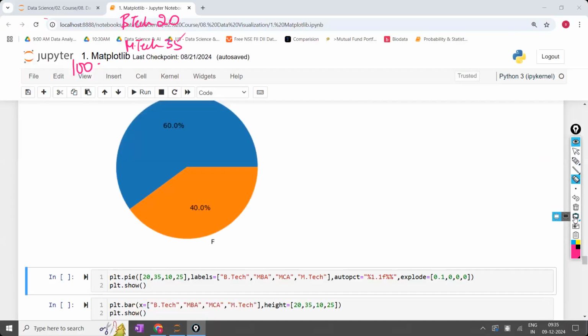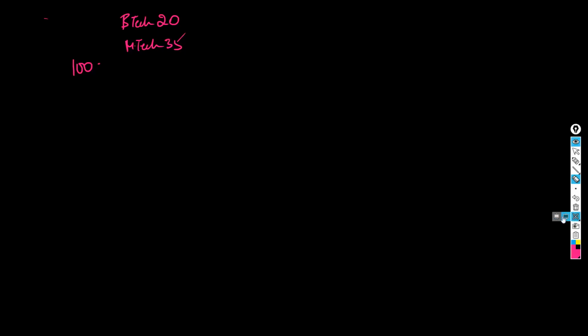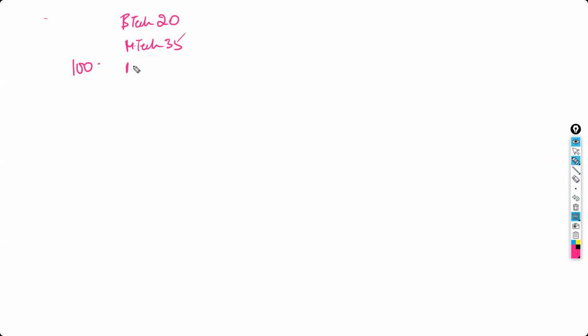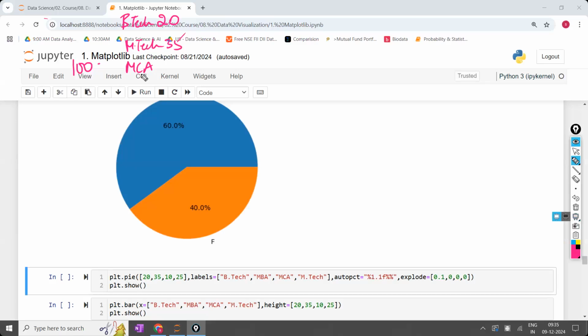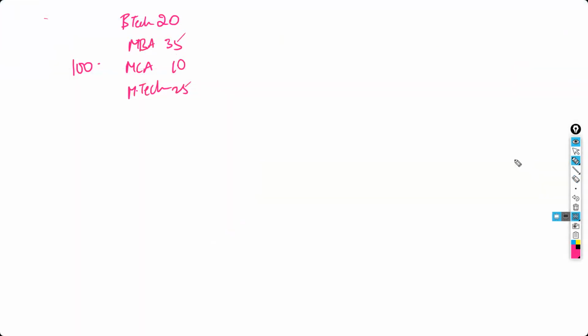And after this, MCA and also MBA, 10 and 25. This is my requirement. Okay, total 100 students are there.